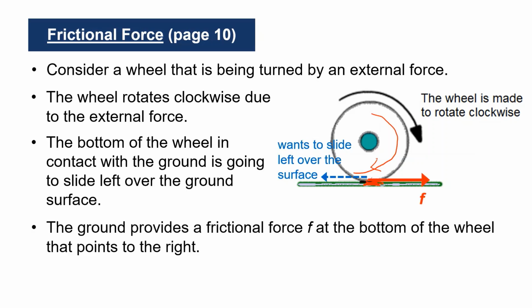So the frictional force, to oppose this motion, will point to the right. Therefore, you notice that this frictional force points to the right, because at the point of contact, the wheel surface is actually moving to the left. So it's this frictional force that actually makes the wheel move forward.